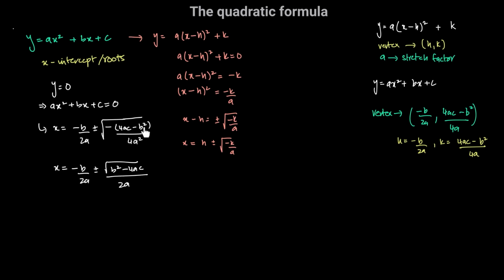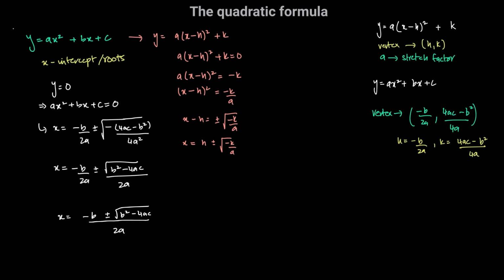Here, negative of 4ac minus b squared is simply b squared minus 4ac, and that's under the square root. And the square root of 4a squared is simply 2a. And since we have a common denominator 2a, we can take a common denominator here. So we can say that x is equal to negative b plus or minus the square root of b squared minus 4ac divided by 2a.